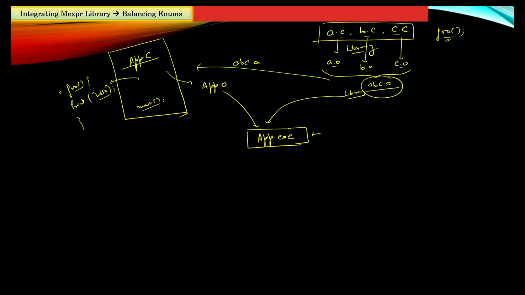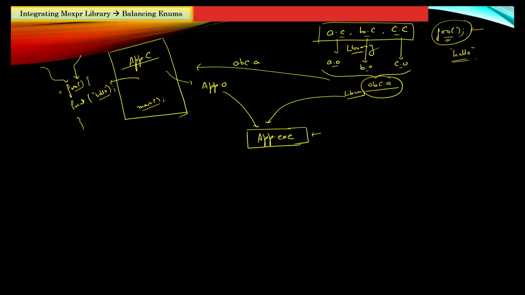Once this executable is created, the function foo, which was being invoked within the library code, will actually become the function which is provided by the application. So at all places in the library code, whenever the function foo is invoked, hello will be printed. In other words, this invocation of the function is nothing but the invocation of the function provided by the application. So now in this entire process, we have not changed the library code. Have we? No.